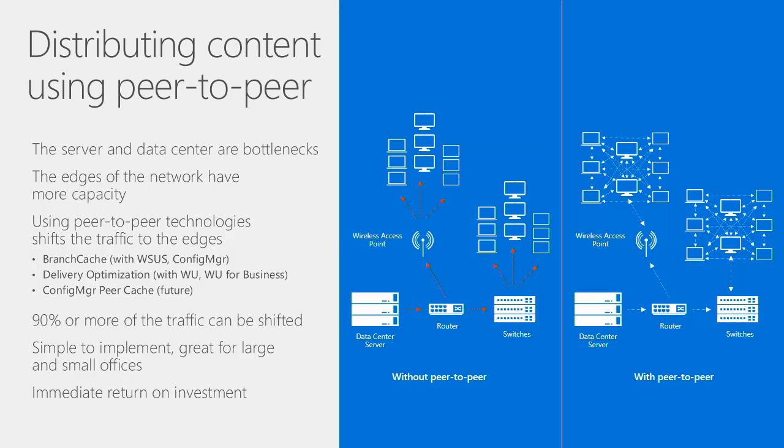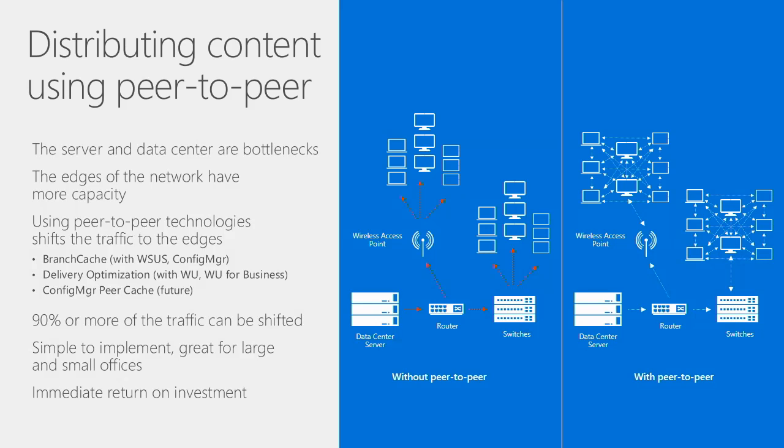BranchCache is another one of those features that's been in Windows for quite a while. It works in a variety of different modes and has a whole bunch of different capabilities, but all we really care about from this perspective is that it automatically caches and shares all BITS downloads. BITS downloads are used by WSUS for every update that's downloaded from the WSUS server.